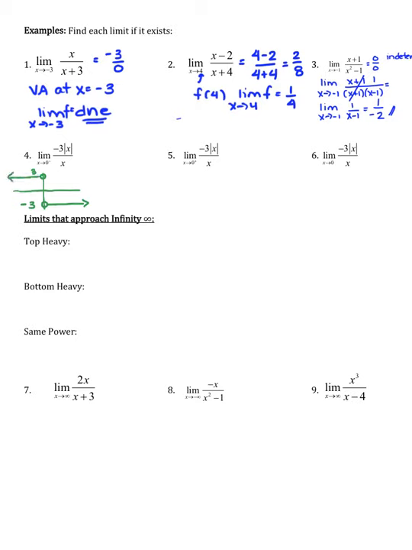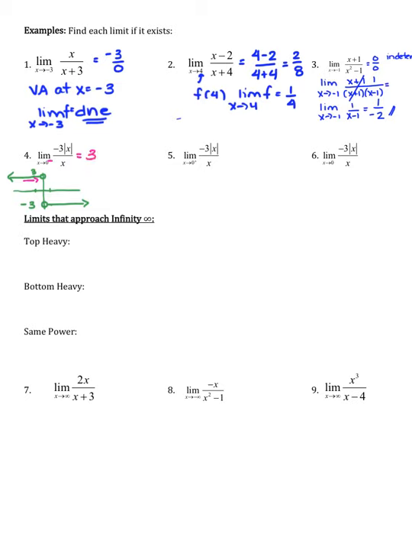What I always do is I plug in a number on either side of 0. If I plug in 1, I get -3 over 1. So at 1, I'm at -3. If I plug in a -1, I get -3 over -1, and that's going to put me up here at 3. Okay, so now we can do the limit. As x approaches 0, color code this, from the left, from the negative side, what is my limit?